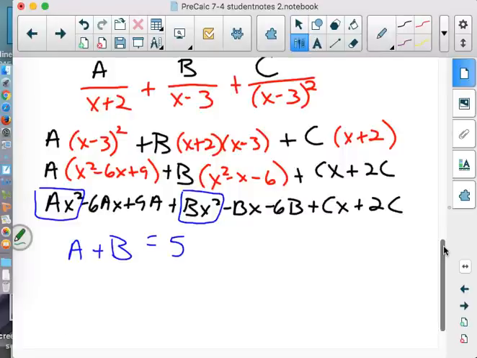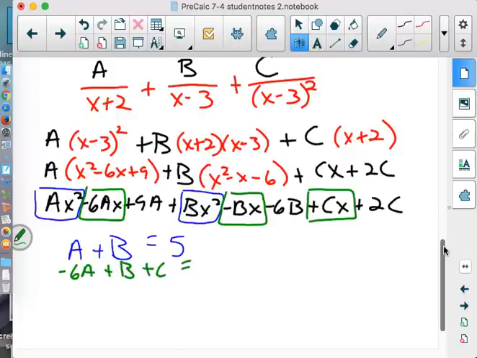Let's go find all of our x's. Again, you don't need the x's. What do we want our x term to come out to be? 21. Isn't B supposed to be negative?